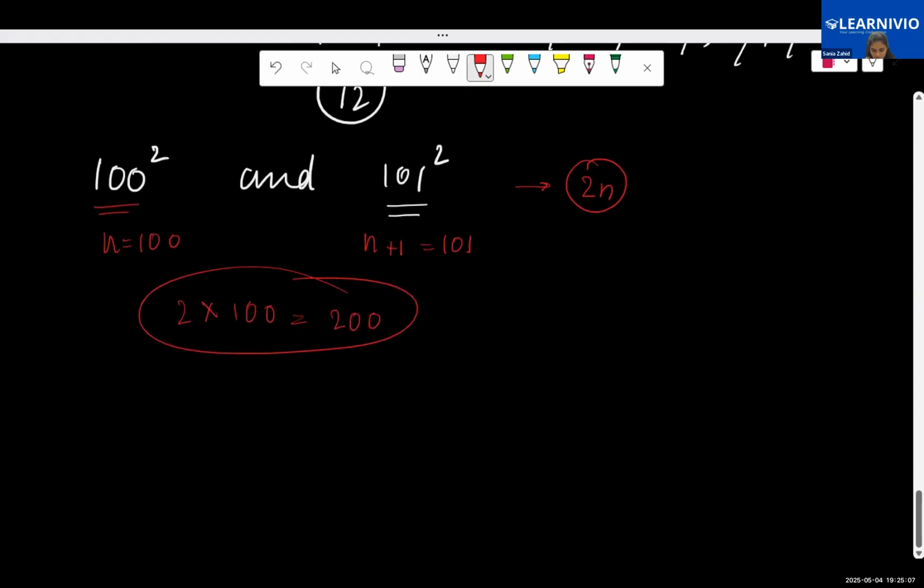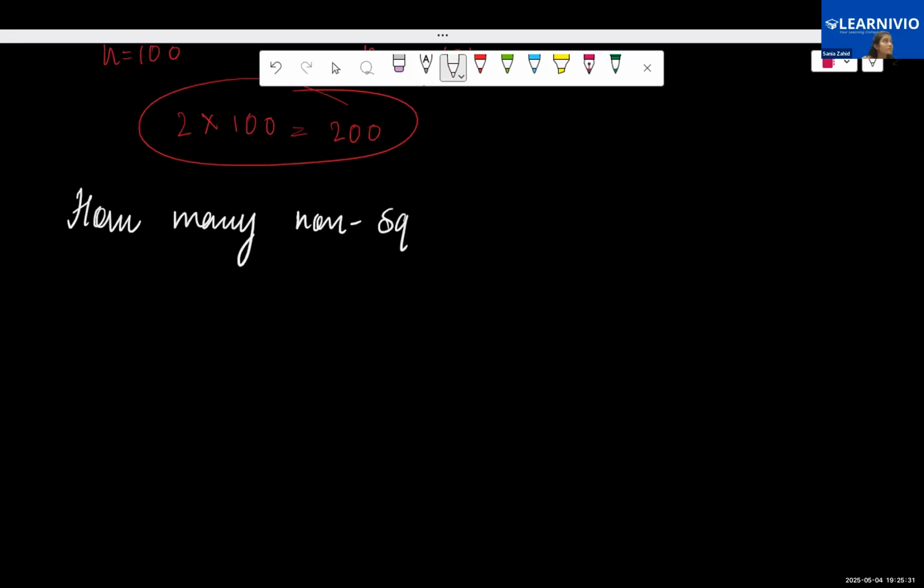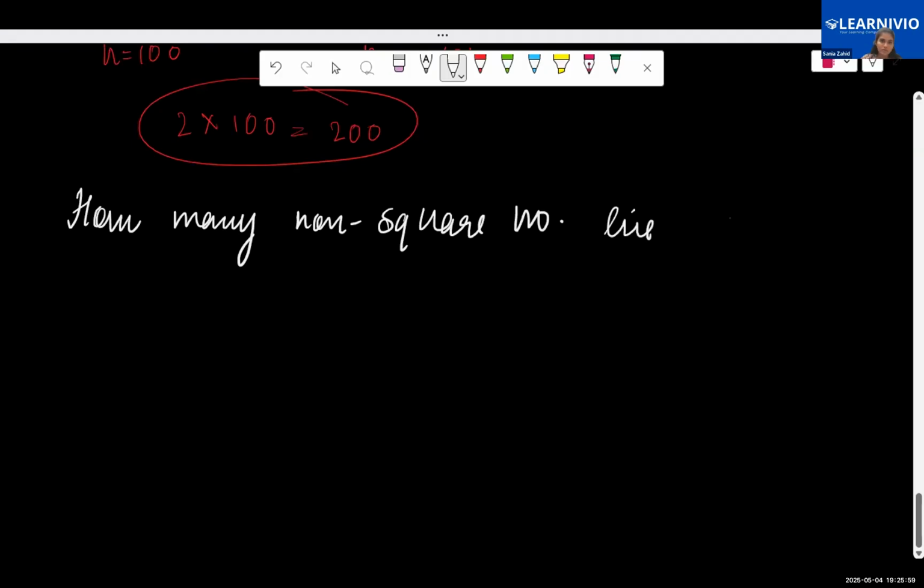Now I'll give you questions. How many non-square numbers lie between the following pairs?